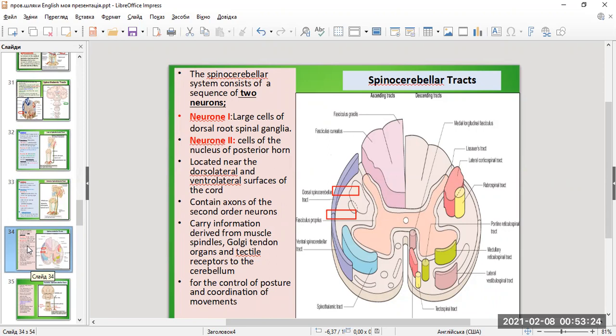Neuron number 2 are cells of the nucleus of the posterior horn. Located near the dorsolateral and ventrolateral surface of the cord, they contain axons of the second-order neurons. They carry information derived from muscle spindles, Golgi tendon organs, and tactile receptors to the cerebellum.